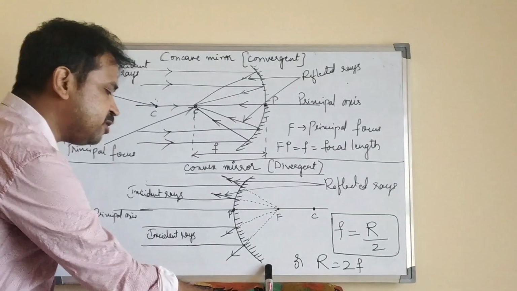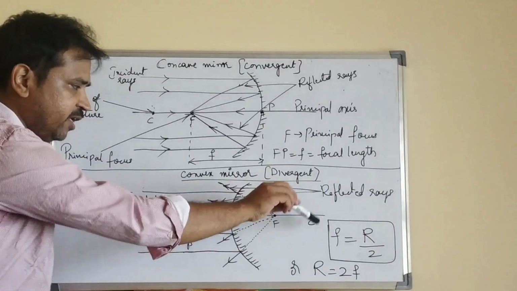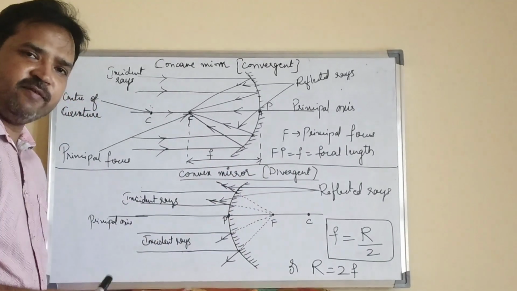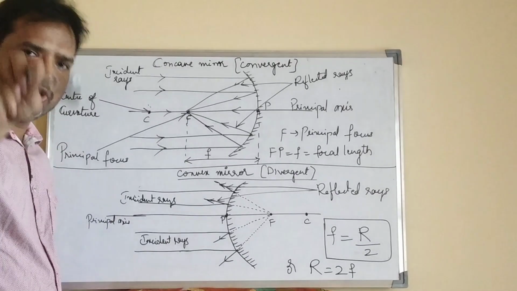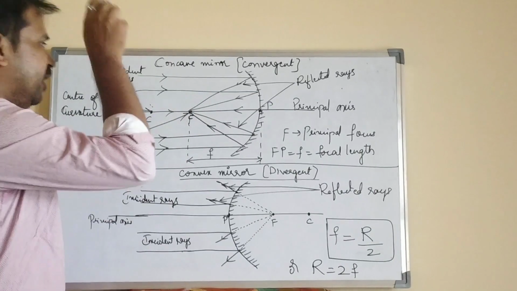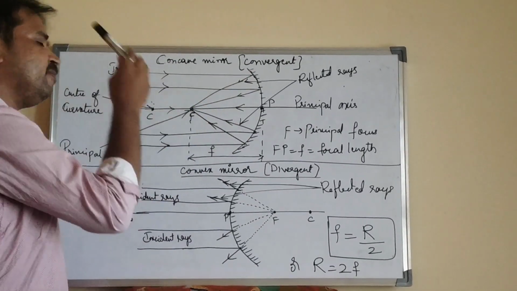So when the sphere is here, within which you have the principal focus and center of curvature, obviously the reflected rays should meet at the principal focus, as I explained. Because in whichever mirror it is, concave or convex, the reflected rays have to meet at the principal focus.